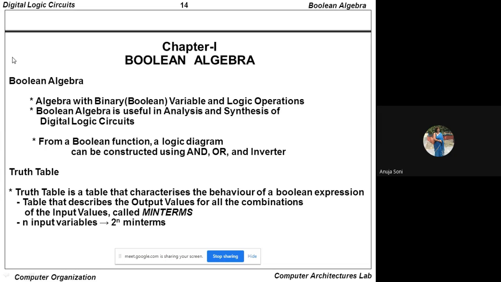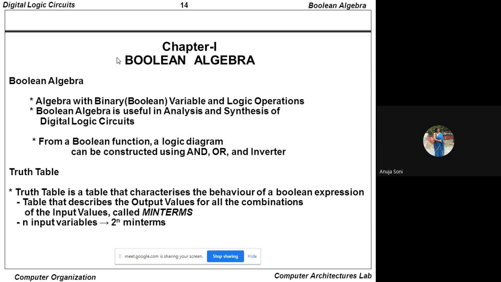Already you have studied algebra in your maths in 11th or 12th standard, but here specifically we talk about Boolean algebra. Boolean stands for two values, either true or false. True corresponds to the value 1 and false corresponds to the value 0.